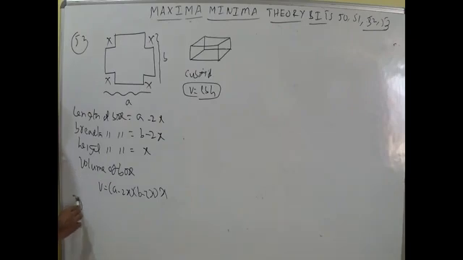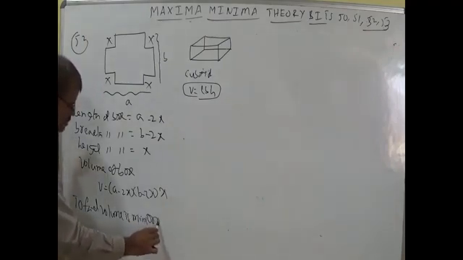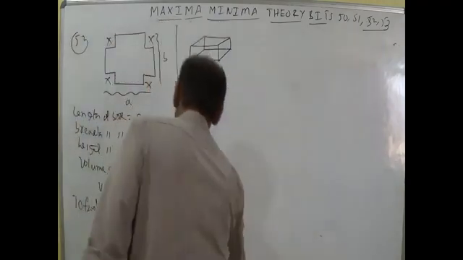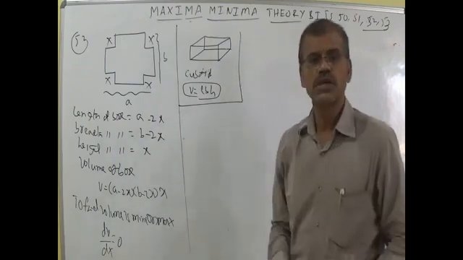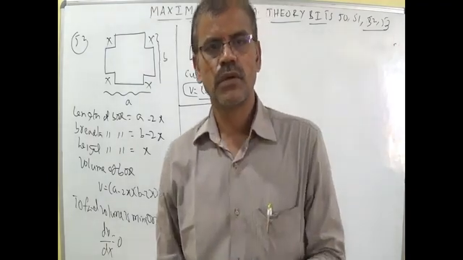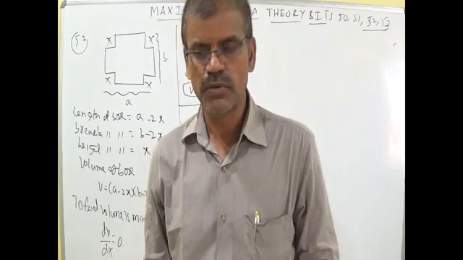To find whether the volume is minimum or maximum, dV by dx is equal to 0. Let us take the derivative using the UVW method: u dash vw plus uv dash w plus uvw dash.